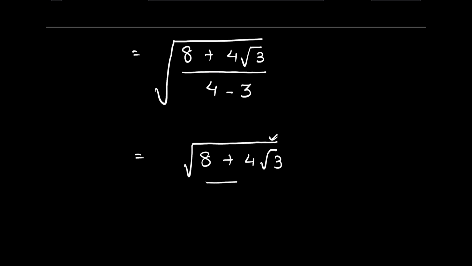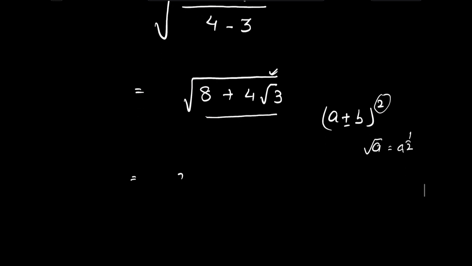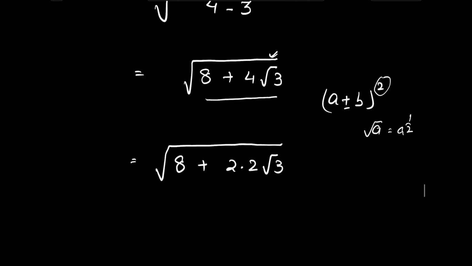If we can write this term in the form of a plus or minus b whole square, then this whole square can remove the square root, because square root means it is raised to the power of 1 upon 2. Now 8 plus 4, we can write it as 2 times 2, then times square root of 3, all under square root.